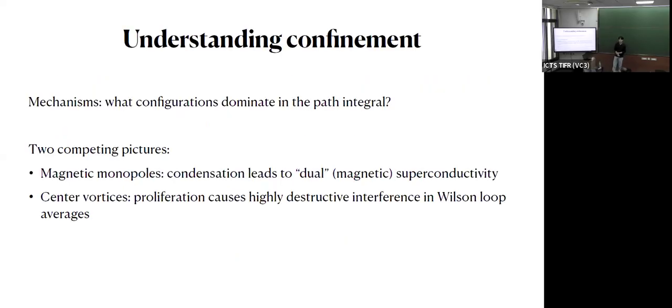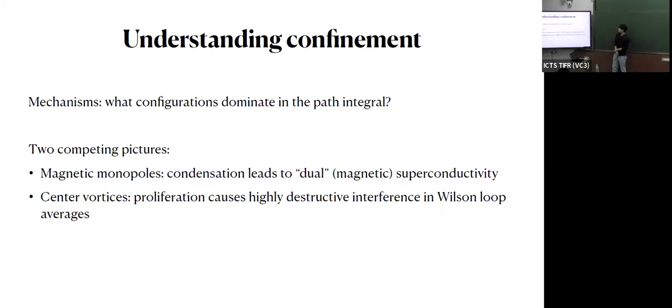So confinement, of course, has been an open problem for many decades. And for many of us, understanding confinement means to understand the mechanism. What are the dominant configurations in the path integral? I believe it's fair to say that today there are two prevailing competing pictures of confinement.